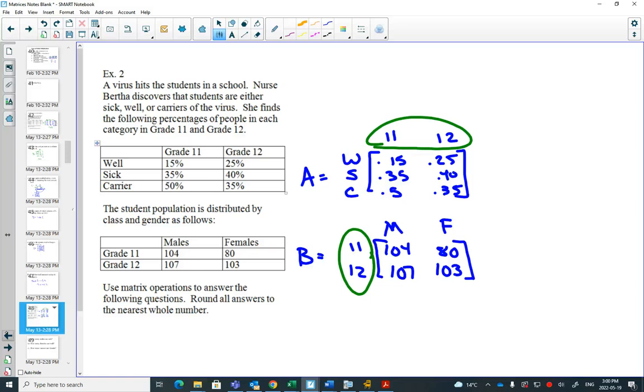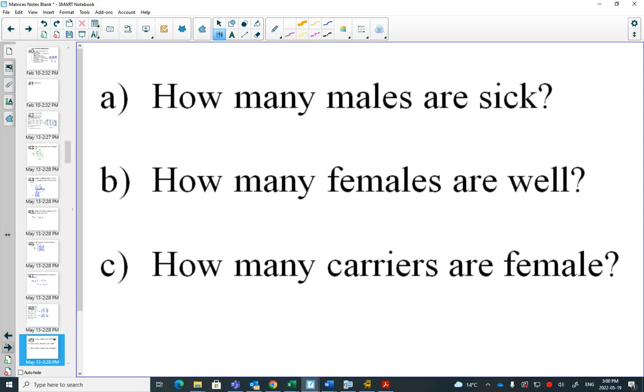So if I took matrix A times matrix B, I know that matrix A is a 3 by 2, and matrix B is a 2 by 2. And in matrix A, this 2 stood for 11s and 12s, and that 2 stood for 11s and 12s.